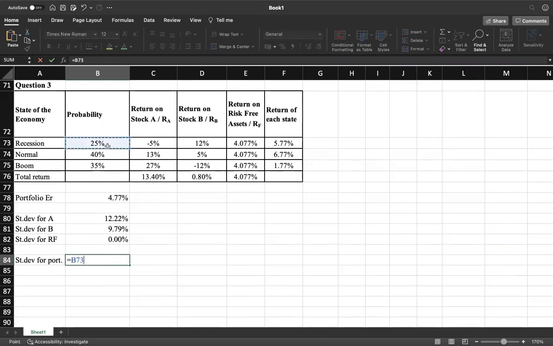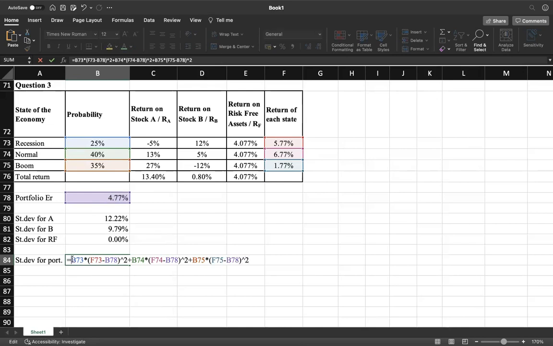Equal probability times recession return of the portfolio minus expected return here of the portfolio plus normal probability of the portfolio multiplied by normal return of portfolio minus expected return of portfolio power of 2 and to the power of 2.